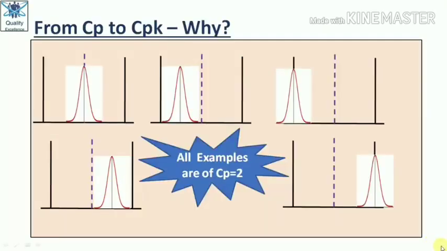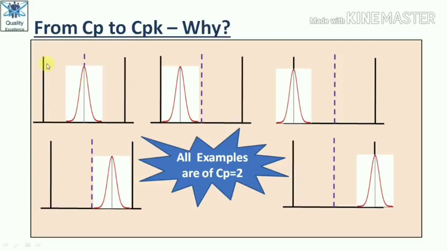Now let us know why we need CPK. If we are already calculating CP, that is process capability ratio, then why do we need CPK? You can see here there are 5 different scenarios, and for each scenario CP is equal to 2. You can see here USL minus LSL, this width, if we consider this as double, then this is half of that.